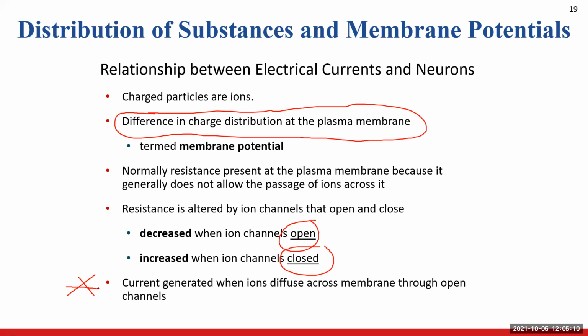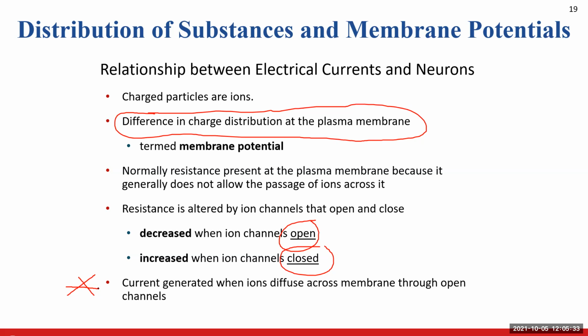So if you want to decrease that current, then just increase the resistance. Close off those channels and you'll decrease the current. If you want to increase the current, then you decrease the resistance. It's almost like an inverse relationship.